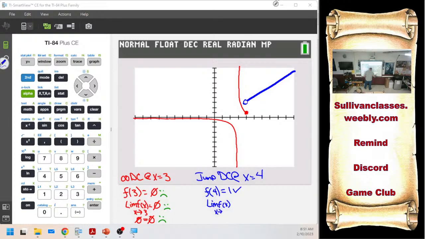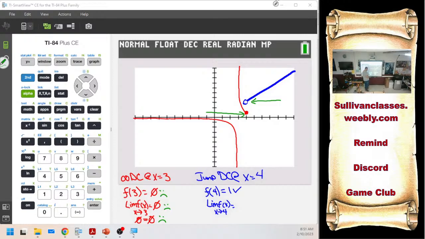And again, whether you're looking at the table in your calculator, or you're tracing on the calculator, or you're just eyeballing it because you have the sketched graph, as this guy goes to 4, it's getting very close to 1. As this guy goes to 4, it's getting very close to 3. They're close, but they are not the same thing.